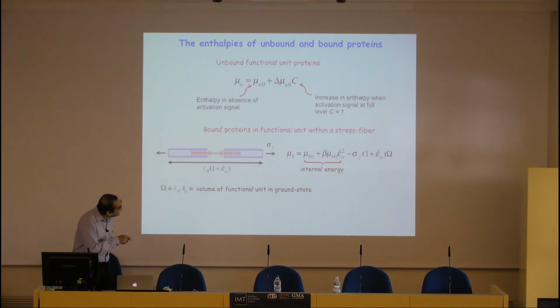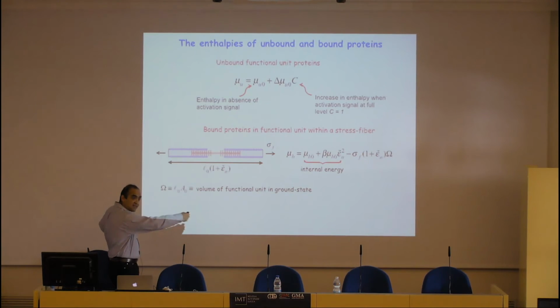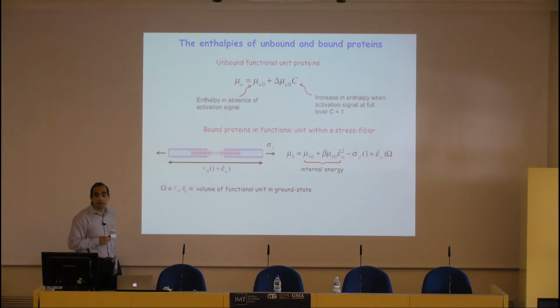But there's a second term here, which is what you would call the PV term of the enthalpy. Sigma F here is the stress that is being internally generated by these stress fibers. This stress is tensile, which is why I've put this minus sign here, and it is going to change the energy landscape.